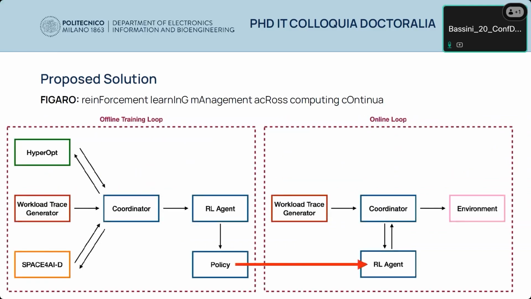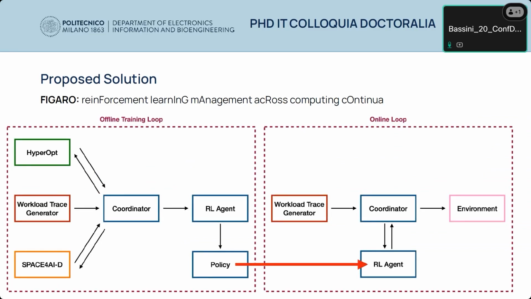So this is the solution we are proposing. It's basically my PhD thesis. It's called Figaro. We took letters from around the words just to make it sound nice. It's divided into 2 parts.